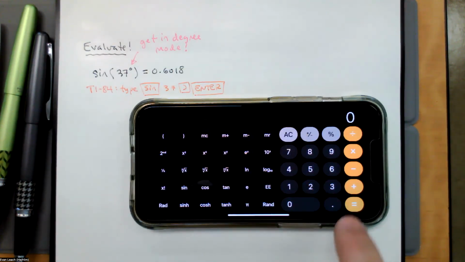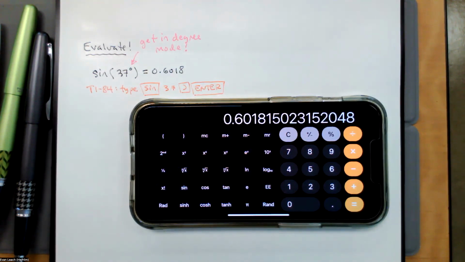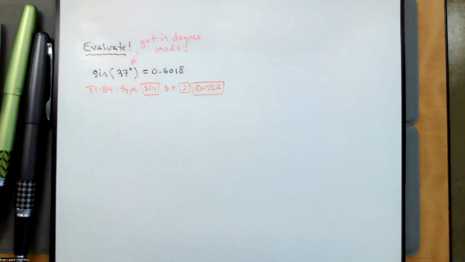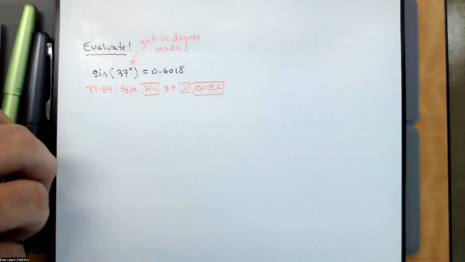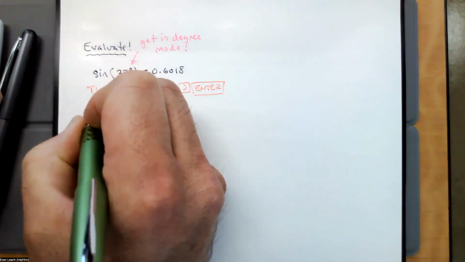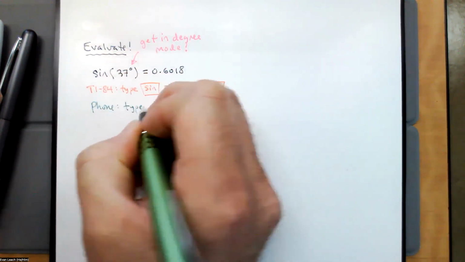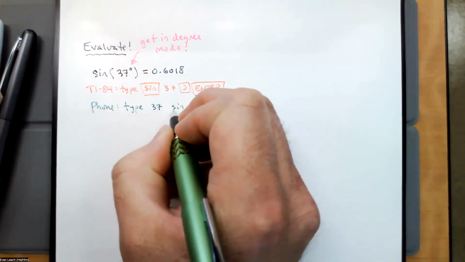So I just want you to be able to find the sine of 37. It feels a little bit backwards, but understand that on your phone calculator, the sine button says, I'm going to take the sine of whatever's on the screen. So, phone style, we're going to type 37 and then press the sine button.